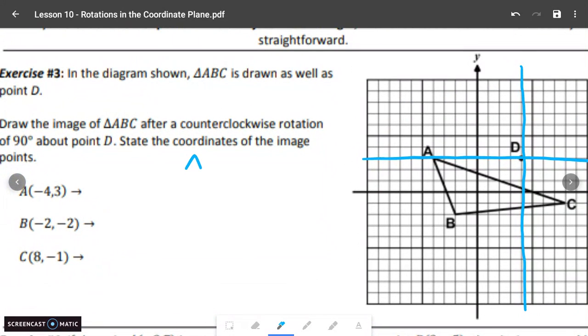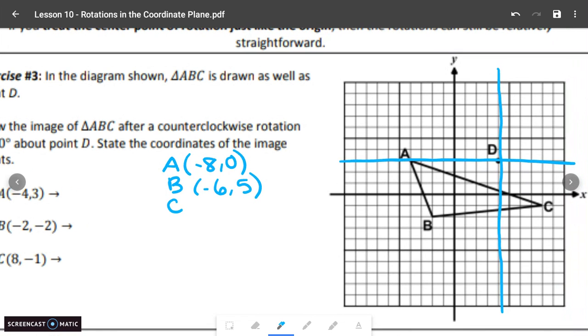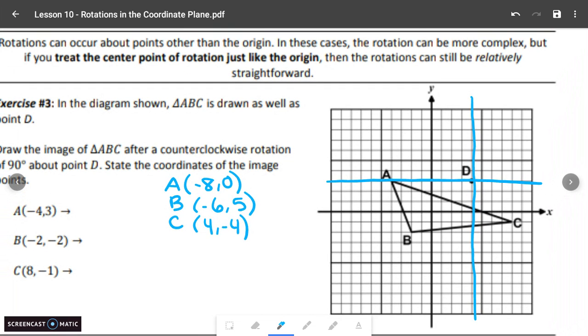So A, B, C. With the fake origin, if I look, we have -8, 0 as A if I'm counting from D. So these are my current points.